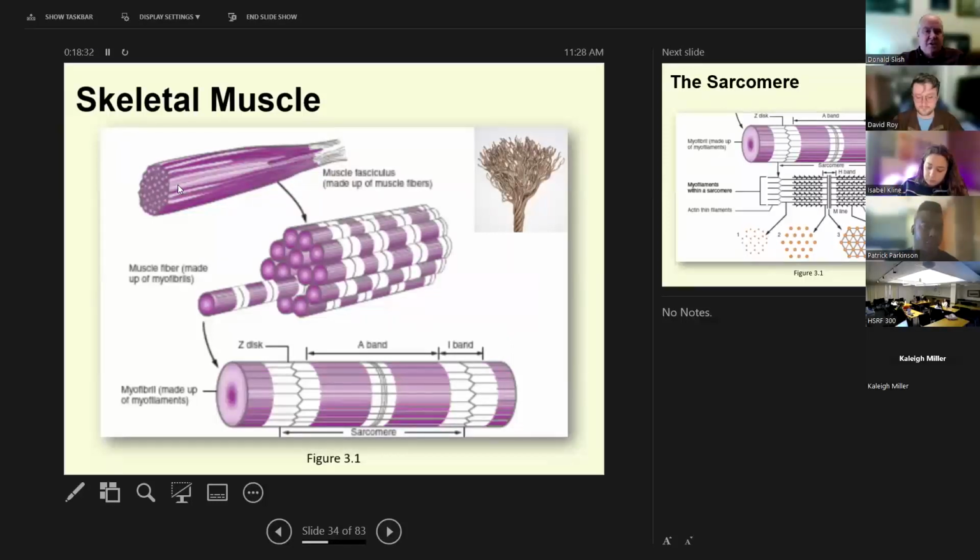Muscle is kind of the same thing in that a muscle itself is a whole bunch of muscle fibers. Every muscle fiber is a single multinucleated cell, one cell from one end of that muscle to the other. And within a single muscle fiber, you've got multiple myofibrils, which are basically sarcomeres lined up in a row.